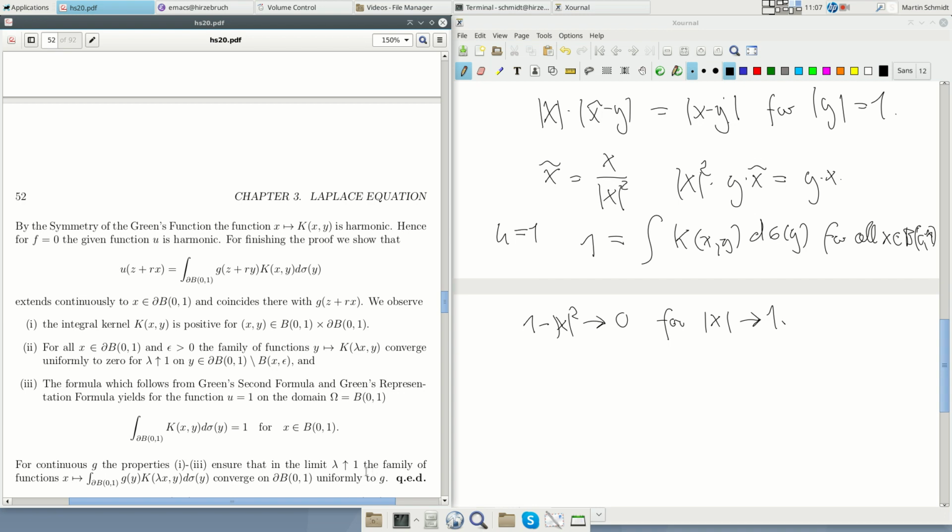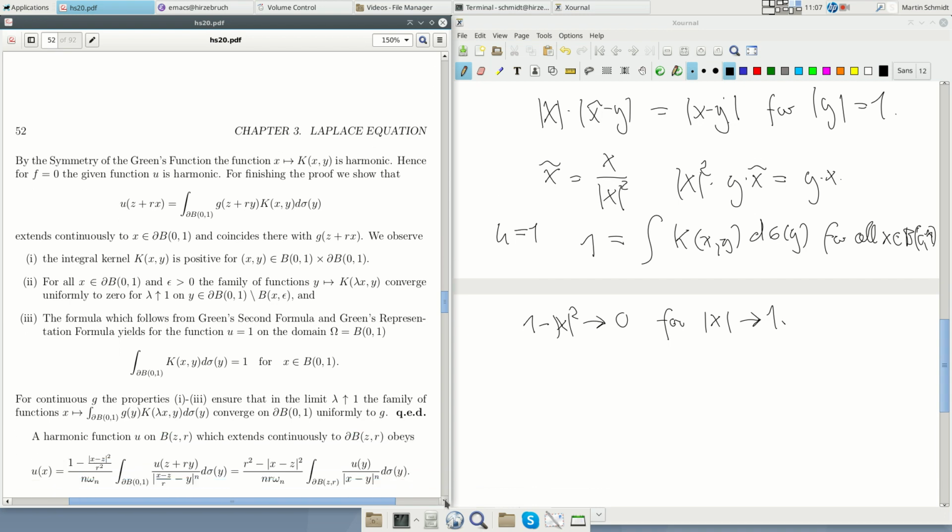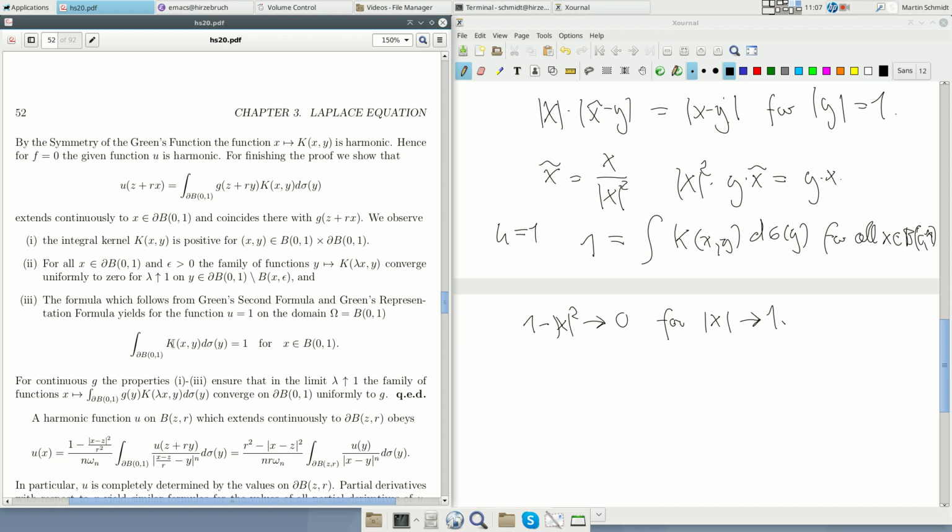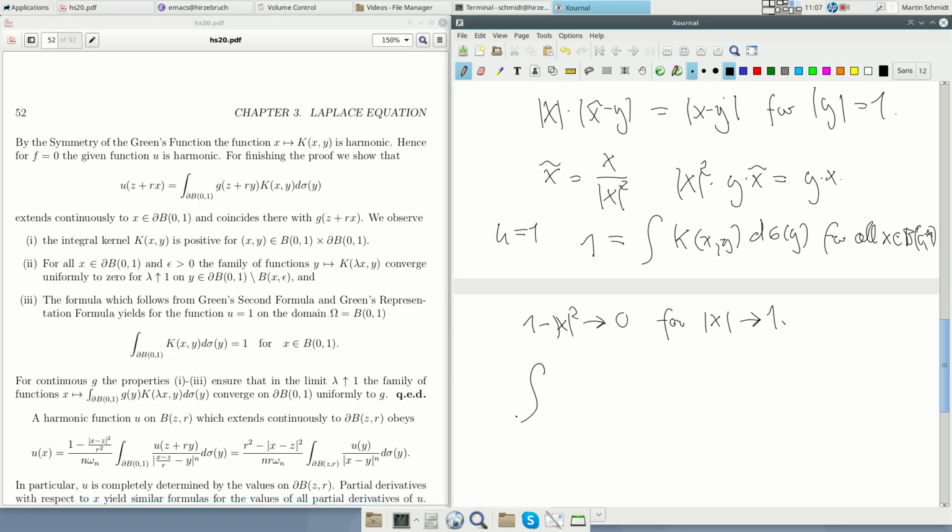Why is this the case? If we look at this integral, the integral over the boundary of the unit ball of a function depending on y times k(λx, y) dσ(y), and we look at this function as a function of λ and x, as λ converges to 1. Now we may split this integral.